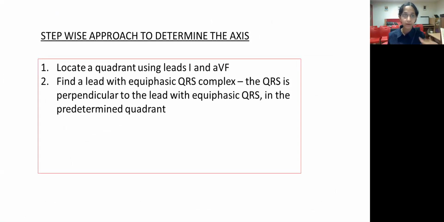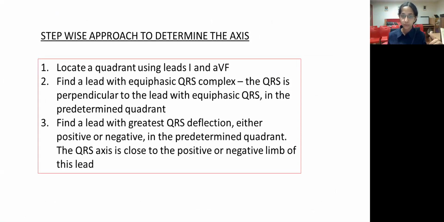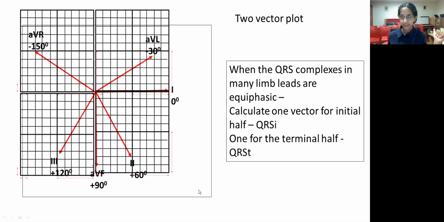And once I have already located the quadrant, I know whether it's going to be down or up. The third point would be to see which lead has the maximum QRS deflection, either positive or negative. And then I know that it's going to be close to that lead. So these are the 3 steps to understand the QRS axis.